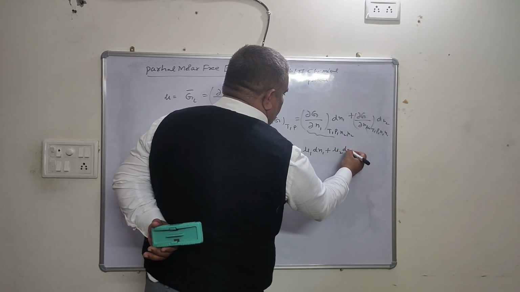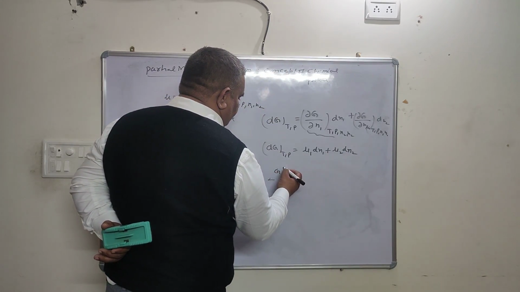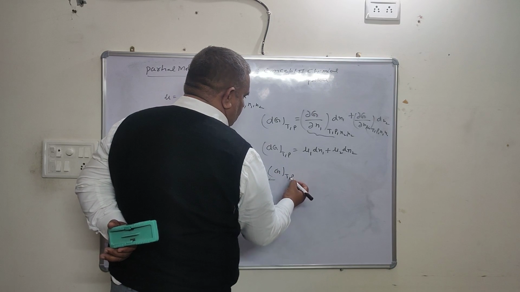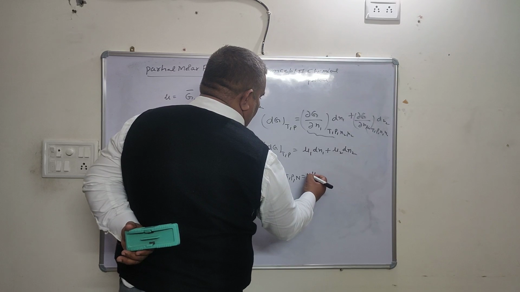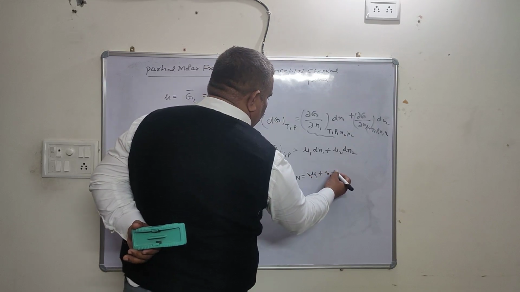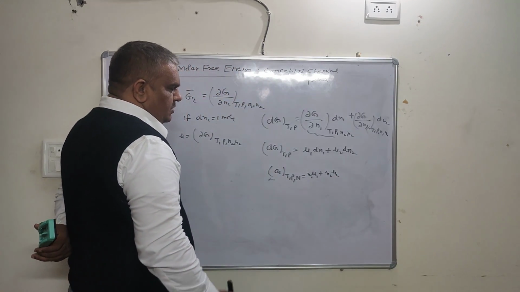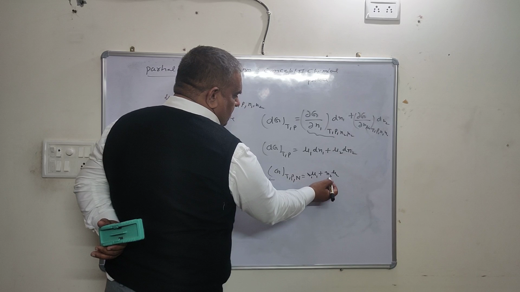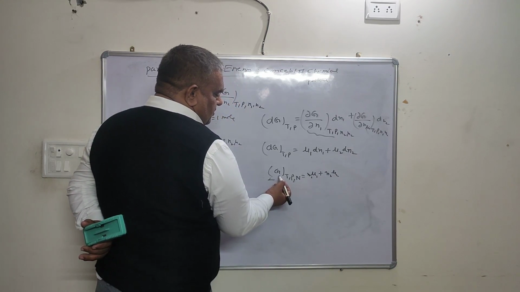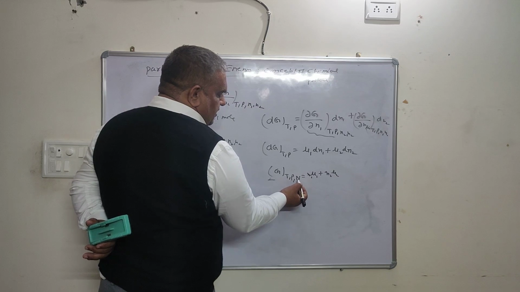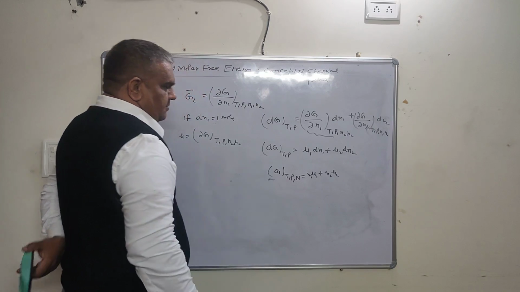So dG equals mu1 dN1 plus mu2 dN2, which on integration gives G at constant temperature and pressure equals N1 mu1 plus N2 mu2, where mu is the contribution per mole of each component to the change in free energy of the system at constant temperature, pressure and composition. This is called the chemical potential.